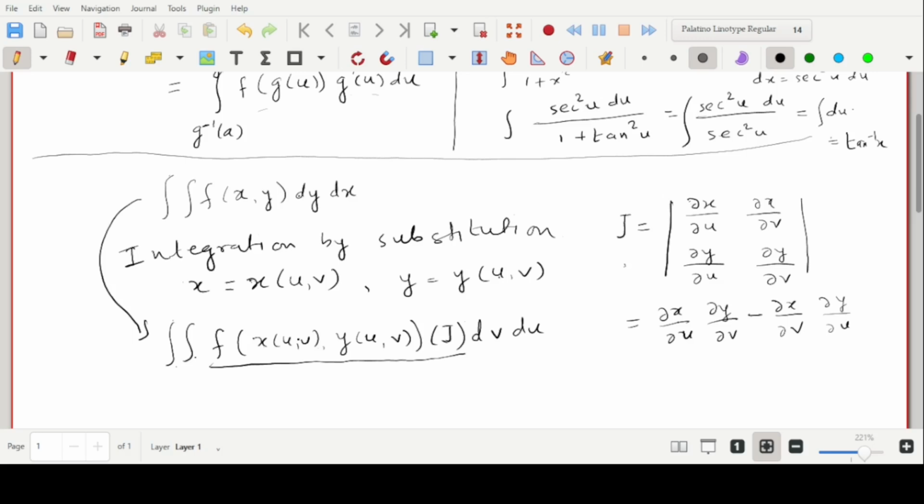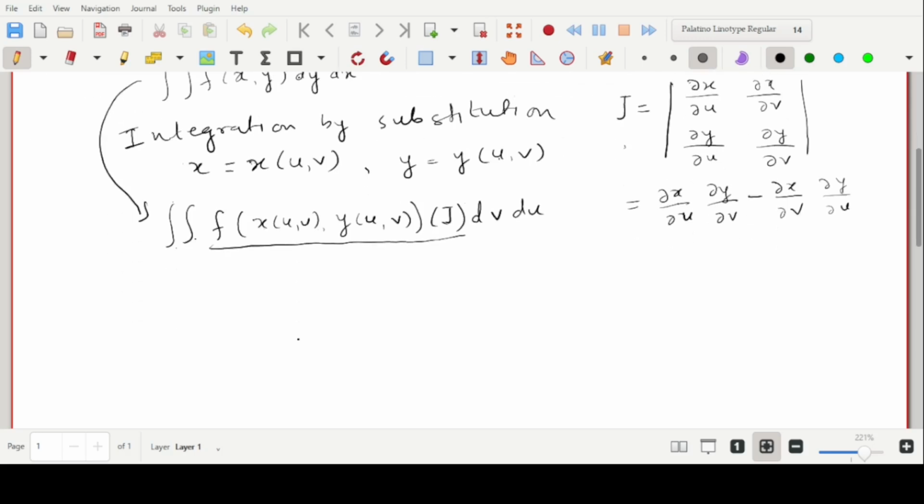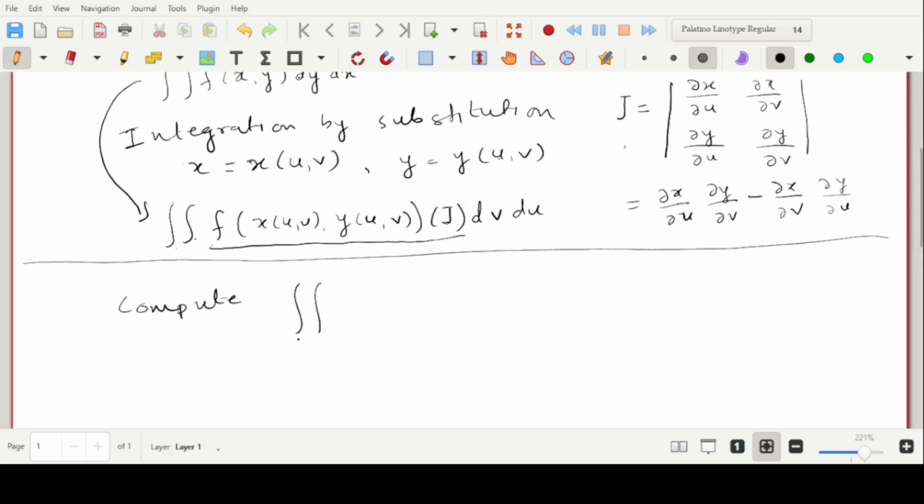So let us take one example. An example will make it clearer. So compute the double integral of e to the power y minus x divided by y plus x.